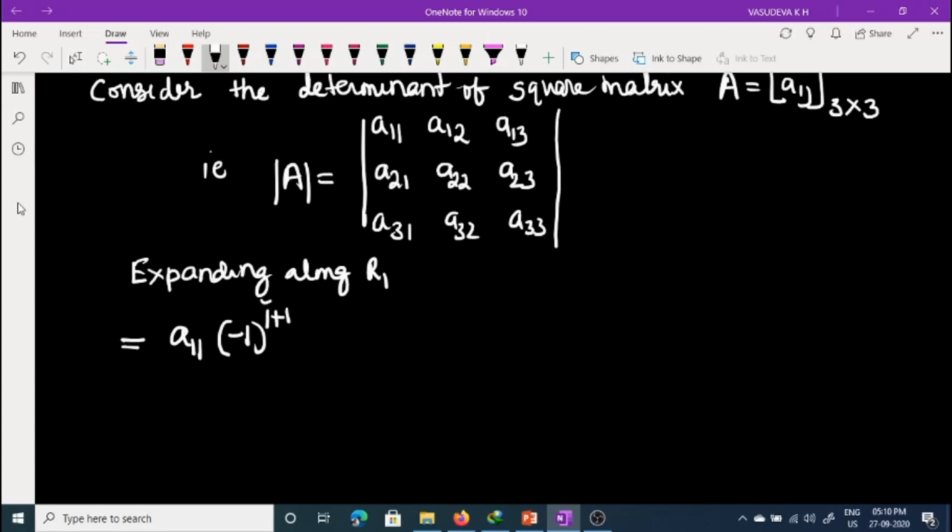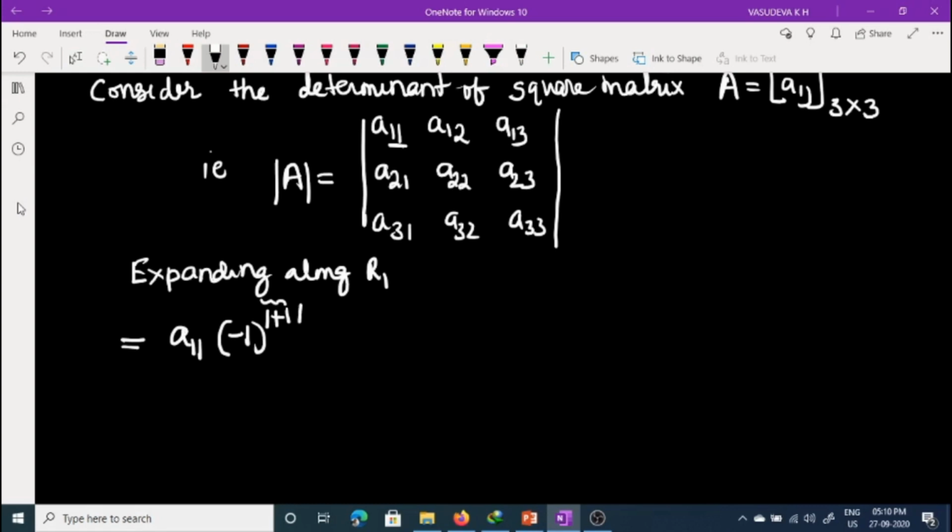This 1 plus 1 comes from the suffixes of the element A11, that is the sum of the suffixes of A11. The first suffix denotes the row and the second suffix denotes the column.